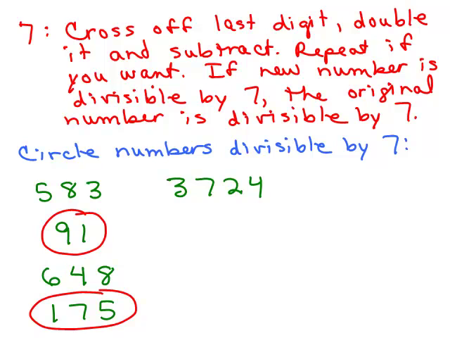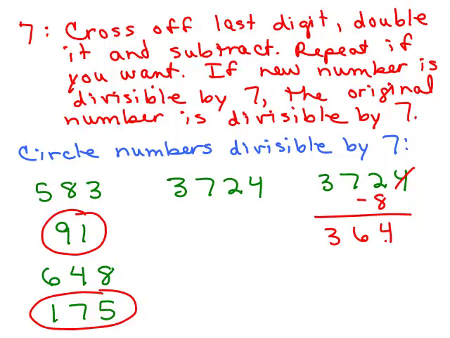All right, let's see if 7 goes into 3,724. All right, so what are we going to do? I'm going to do it over to the side. So we're going to cross off the last digit and double it. 4 times 2 is 8. And then we have to subtract. Everyone do that. 372 minus 8 is 364.